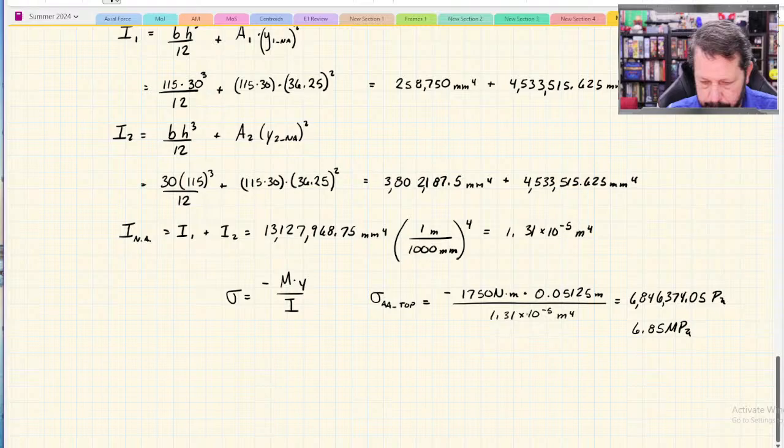Negative because of the negative sign in the equation, indicating that it's a compressive stress.